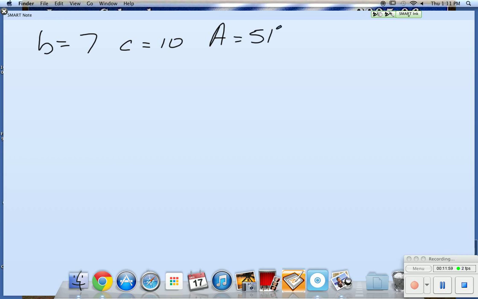They're asking you in this case to solve each triangle, round the angles and measures. So you're going to have to find everything in this. We're looking for our large B, we're looking for our large C, and we're looking for our small a.